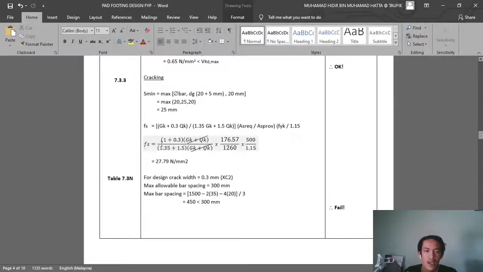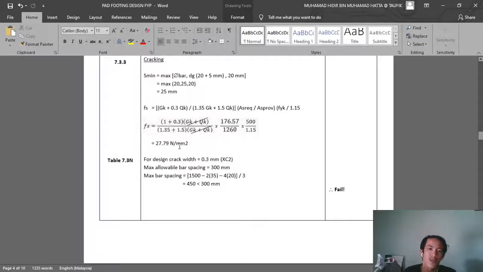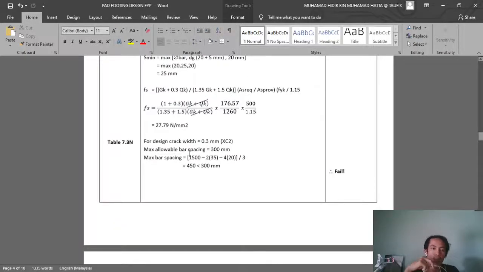Then we calculate fs, and we got 27.79. Okay, after we calculate fs, we must check the spacing, and we got the value of spacing is larger than the allowable spacing, which is 300.